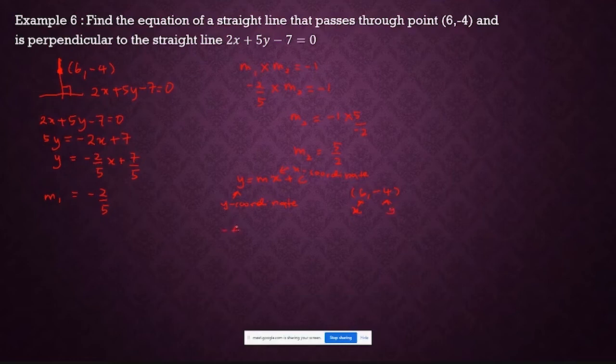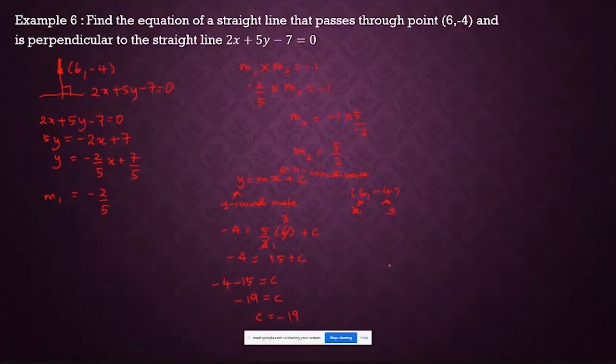We substitute: -4, the gradient is 5 over 2, our x is 6, plus c. We calculate for c. So 15, c equals negative 4 minus 15, so negative 19. c equals negative 19.